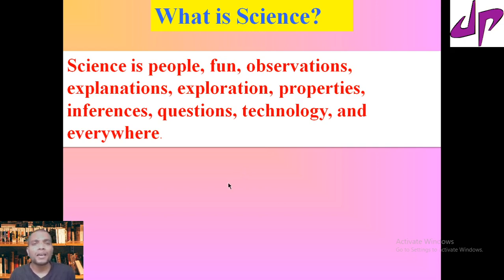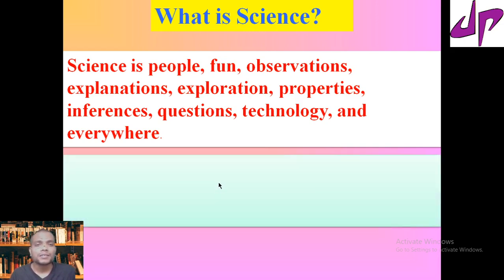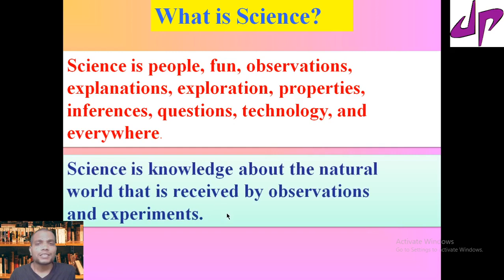It's everything. But if we can say that science is a knowledge about the natural world that is received by observations and experiment, so everything we will take under science.